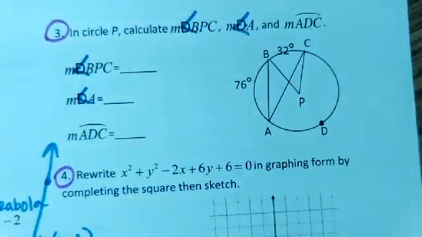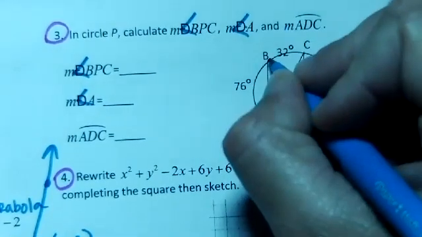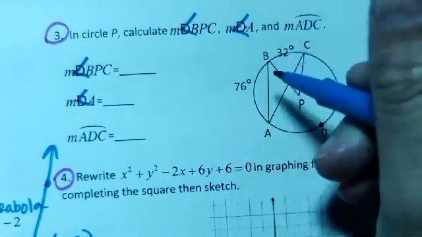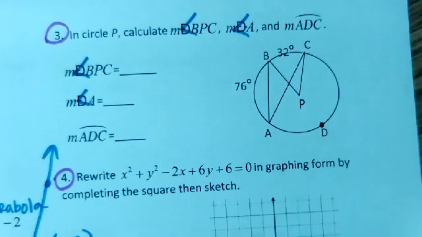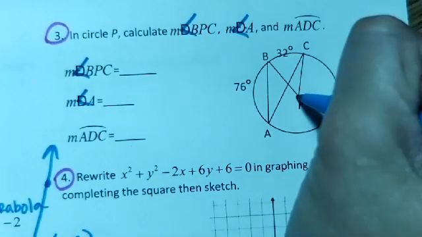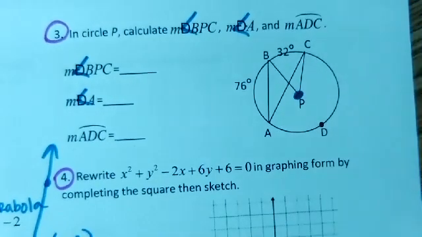Okay. So what we're given is that arc BC is 32 and arc BA is 76. The center is P. That is very important to note. I highly suggest you have different colors when you're doing these problems because then you can see what's going on easier.